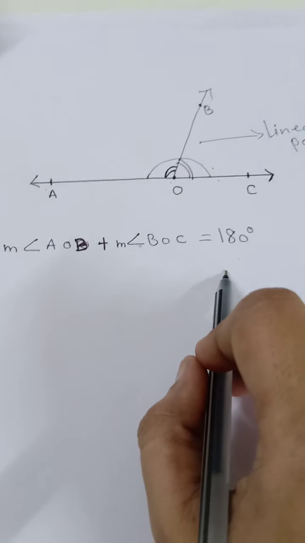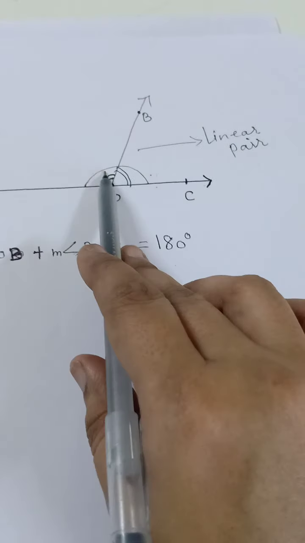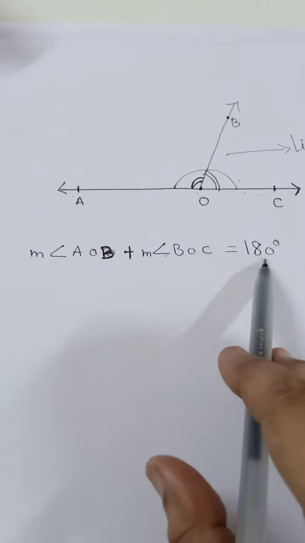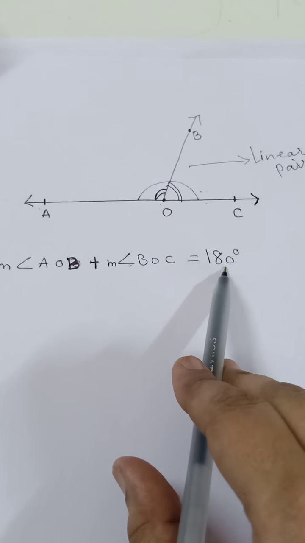So you have to remember the measure of the angles in a linear pair. These two angles are in a linear pair, so the addition of both angles is 180 degrees. It is called supplementary. So you have to remember this.